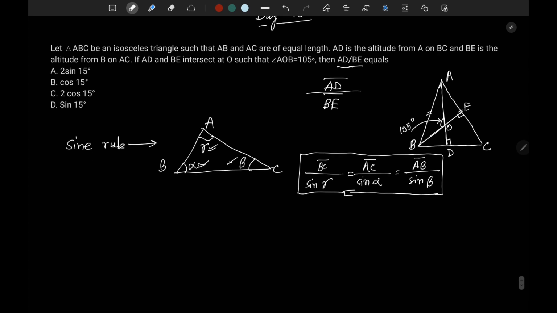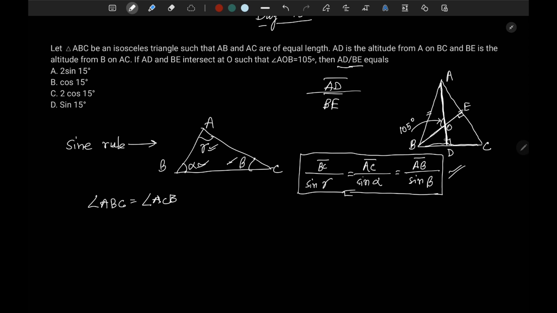Okay, fine. Then how will we apply this in this particular question? Let's look at the picture again. AD is part of which triangle? It can be part of triangle ABD, or it can be part of triangle ADC. In this case, both ADB and ADC are congruent. Why? Because this is an isosceles triangle, AD is a common side, and angle ABC equals angle ACB by the property of isosceles triangle.